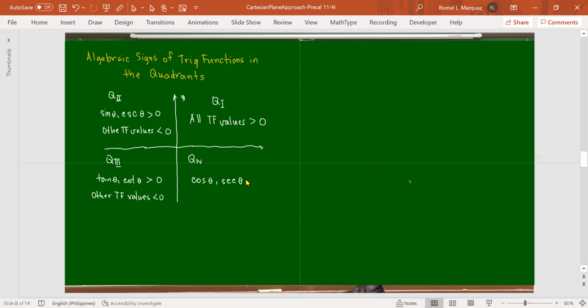There are acronyms made so that you can remember. One is ASTC. Others: all students take calculus, all smart students. A student said add sugar to coffee is the acronym.